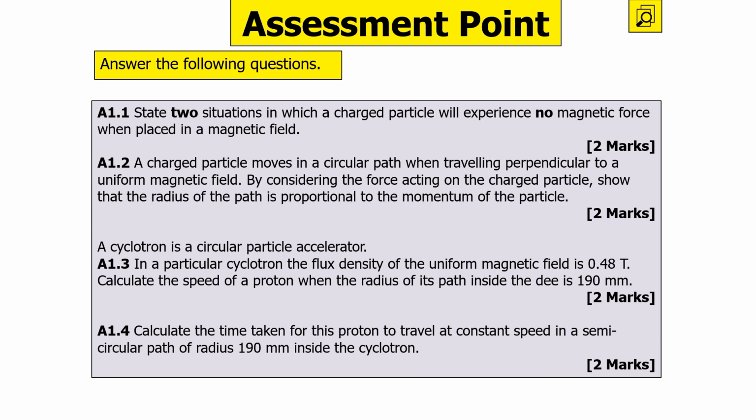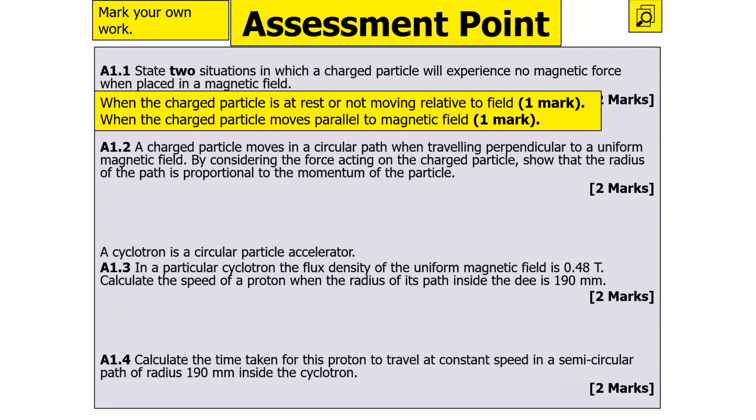In a particular cyclotron, the flux density of the uniform magnetic field is 0.48 teslas. Calculate the speed of the proton when the radius of its path inside the D is 190 millimeters. Then calculate the time taken for this proton to travel at a constant speed in a semicircular path of radius 190 millimeters inside the cyclotron. So pause the video now, then unpause the video when you want to go through your answers.